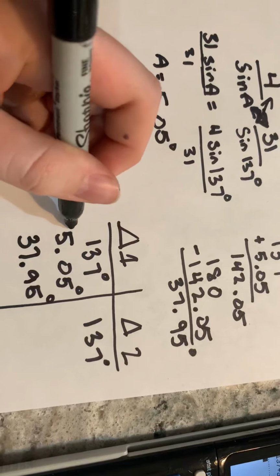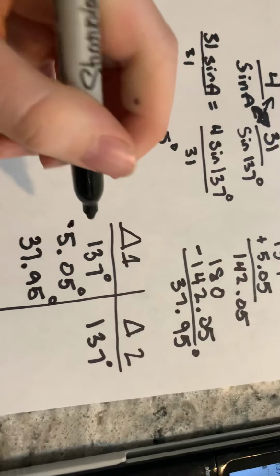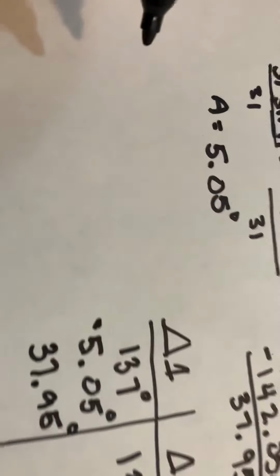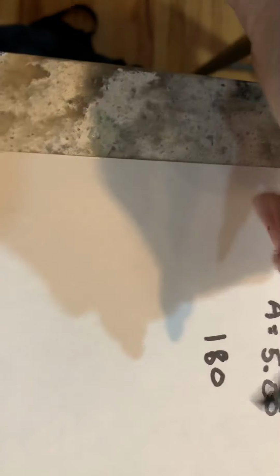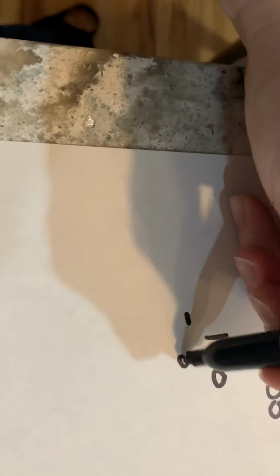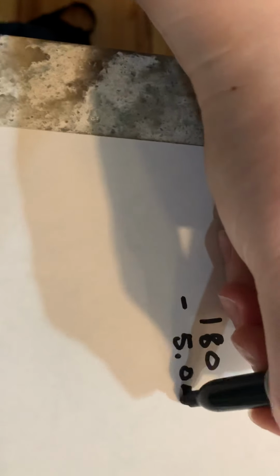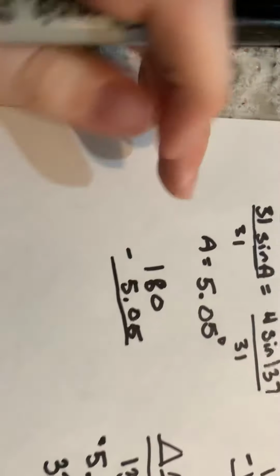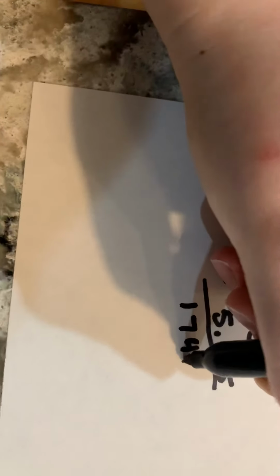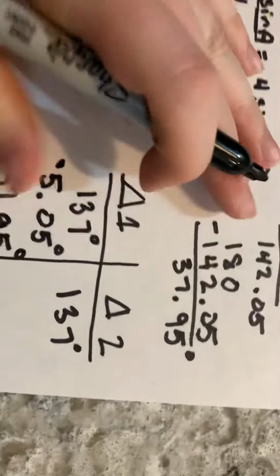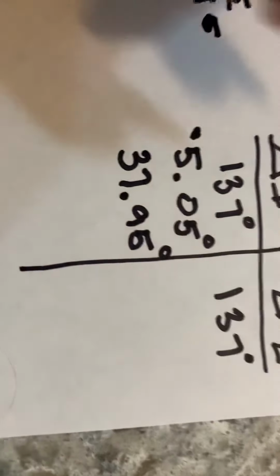Then you take the first number that you find, which we found, 5.05, and you subtract that from 180, which is equal to 174.95.